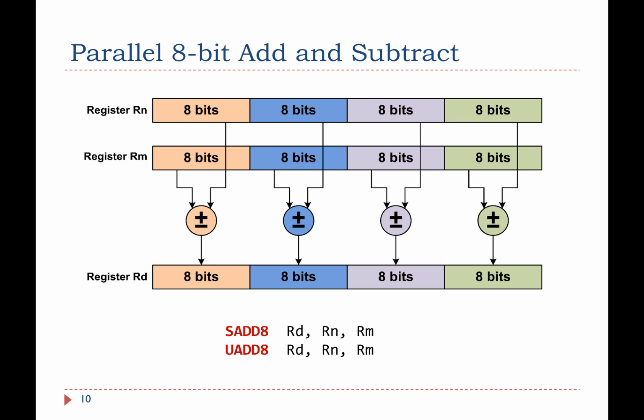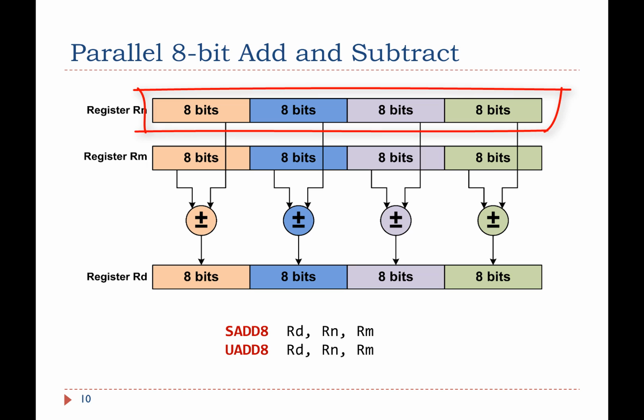In the previous slides, I've shown that fixed point addition and subtraction work exactly like their integer counterpart. Based on this observation, fixed point can be used to efficiently speed up DSP applications. For example, if each fixed point number is represented by using 8 bits, a single register can hold 4 fixed point numbers.